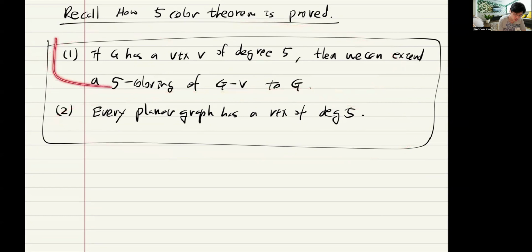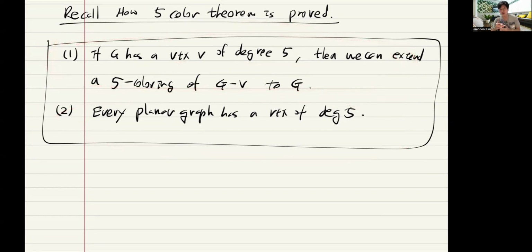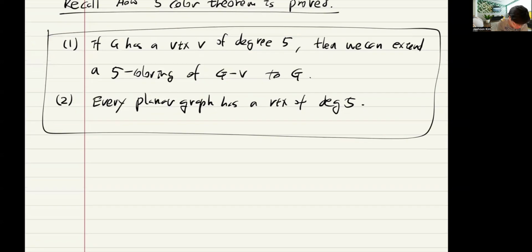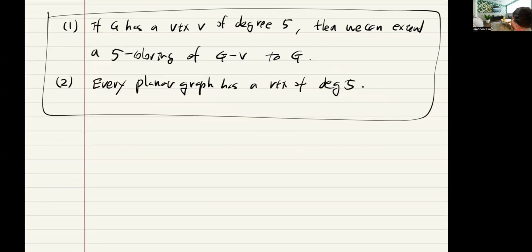You show that instead of just one, there are many structures, and if G contains each of these structures, then we can extend our coloring. And then we show that one of those structures must exist. And what's then the discharging method? This discharging method is the method to show two.